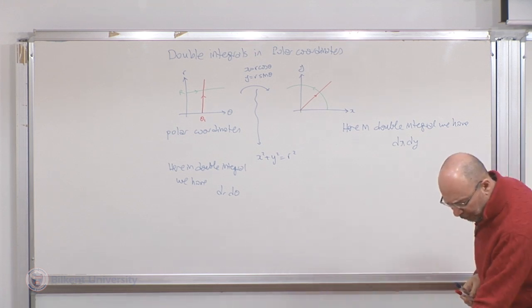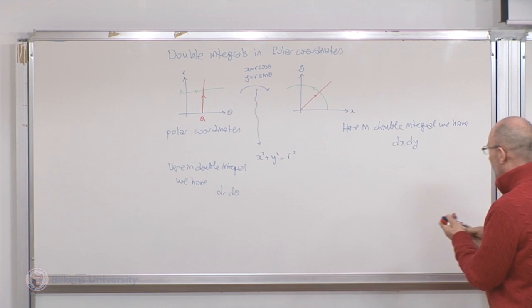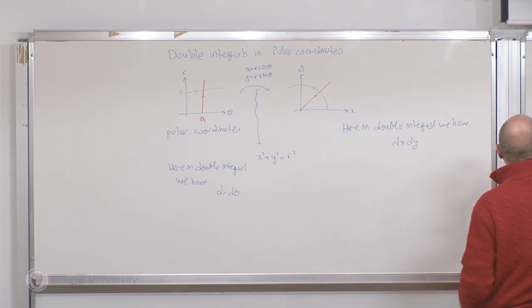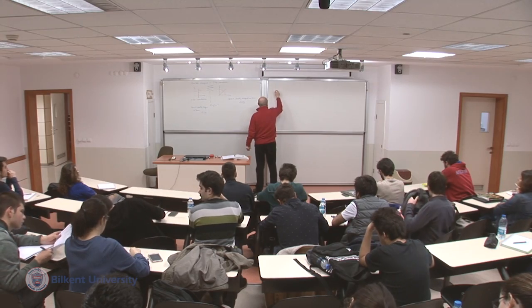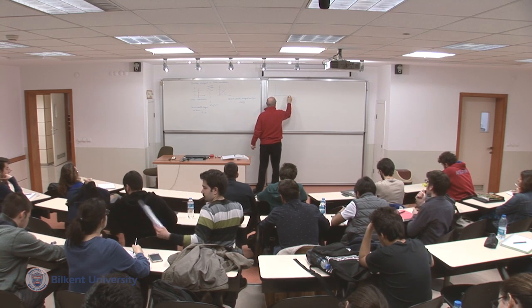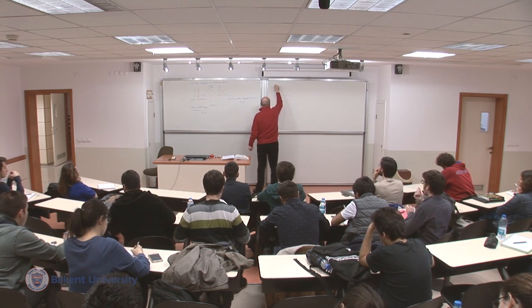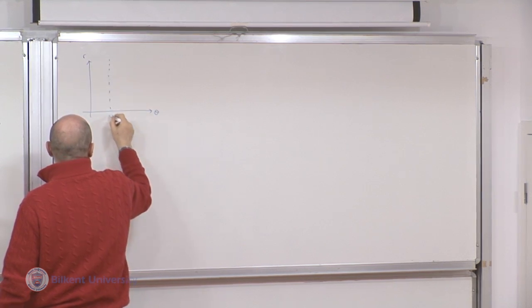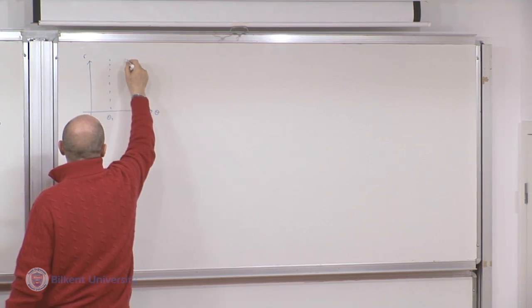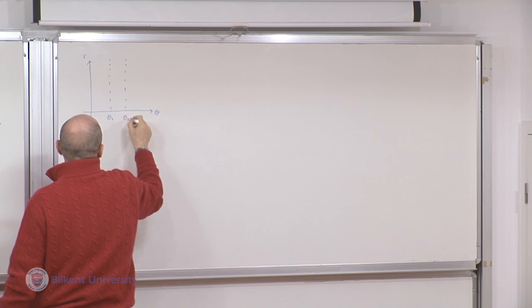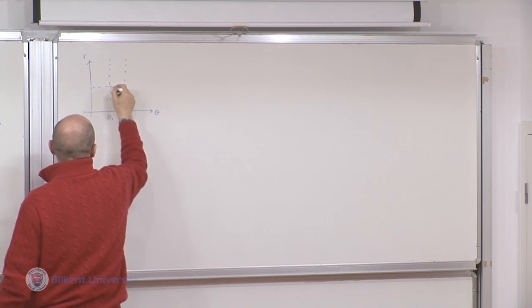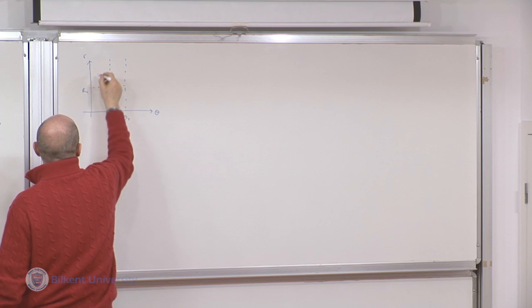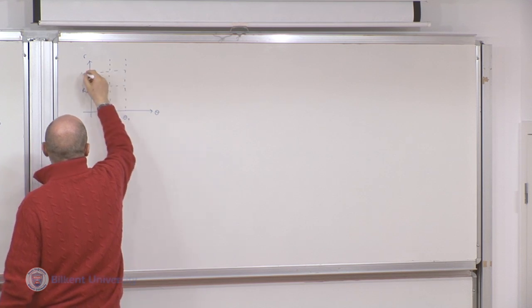I have some pictures here. Let us again start from this picture. In polar coordinates we have theta and r. Let us consider theta 1, theta 2, and r1, r2.